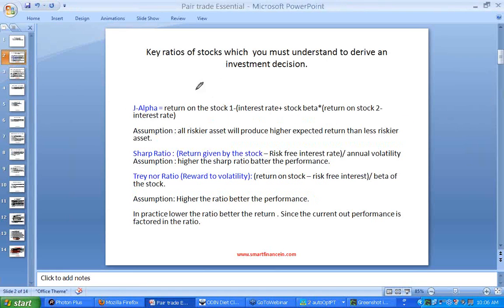The stock which has higher Jensen's alpha, higher Sharpe ratio and higher Treynor ratio is costly as compared to the other stock Y. When X and Y are two stocks, after calculating these, the stock which has higher Jensen's alpha, higher Sharpe ratio and higher Treynor ratio is costlier as compared to the other stock.